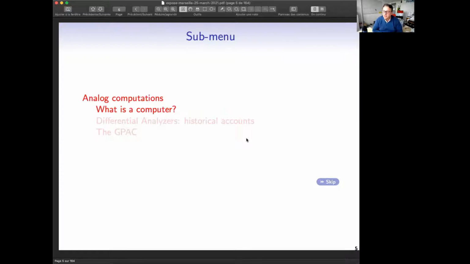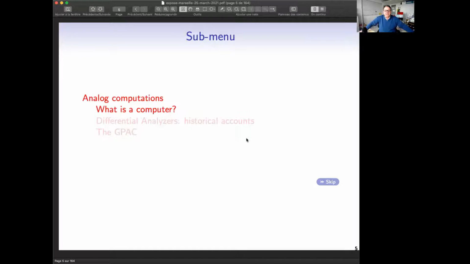At some moment IBM succeeded in convincing everybody that the new computer was the new generation, so they started to call this an ordinateur, and it was not anymore a calculator, a computer.